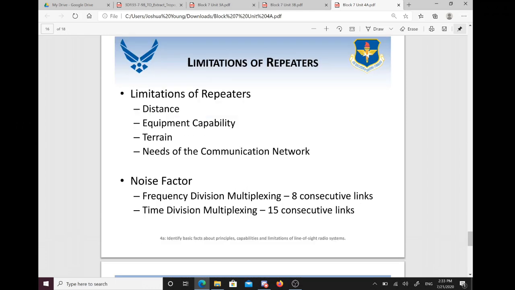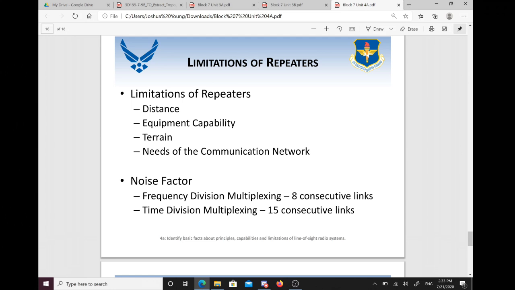And of the limitations of repeaters, there are a few. We have your distance. So the limitation of the repeater being distance: if the distance between your two repeaters is too far, you can start to encounter issues. And then it's also based on, like it says, equipment capability. So is that repeater capable of translating your frequency to whatever you need it to be at the next repeater? Can it apply enough gain to get it to where it needs to go?